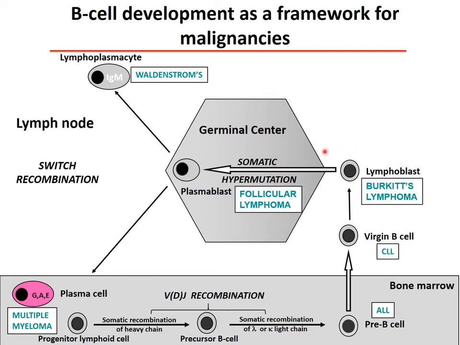In the lymph node, usually Burkitt lymphomas or follicular lymphomas arise. When we have IgM-secreting, clonally altered cells, that forms Waldenström macroglobulinemia, and when we have the bone marrow affected with IgG, IgA, or IgE secreting cells, that is multiple myeloma. So these are the different diseases that can affect B cells, lymphocytes, or plasma cells.